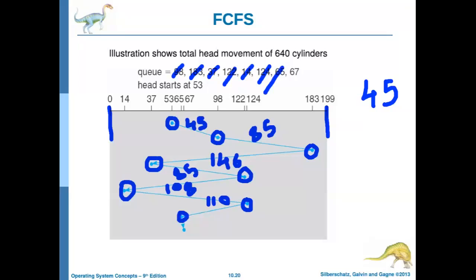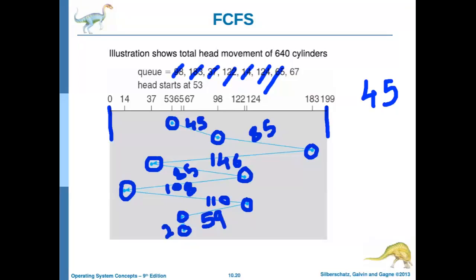Then from 124 to 65, that means 124 minus 65, the total movement required is 59. And from 65 to 67, these are just two.